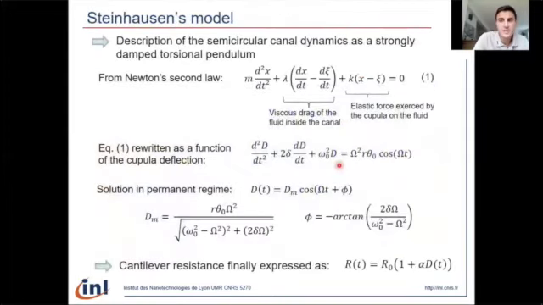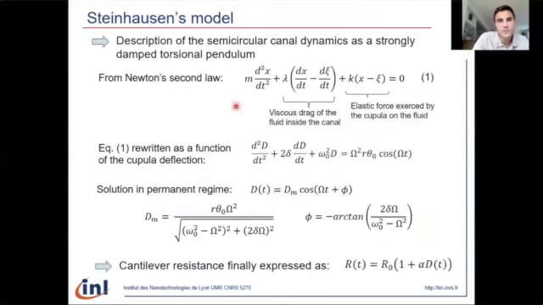To analyze more deeply the response of the system under forced oscillation, we have compared our data to the Steinhausen model that was developed at the beginning of the 20th century. The Steinhausen model describes the semicircular canal dynamics as a strongly damped torsional pendulum.